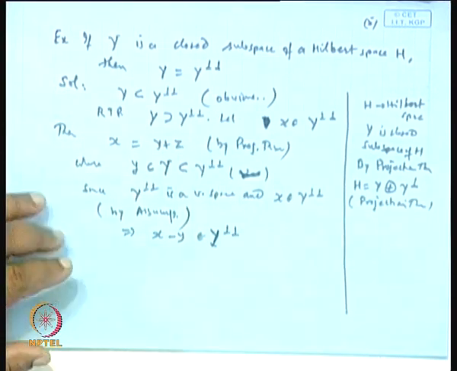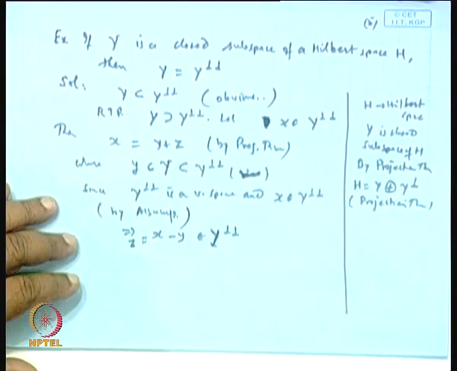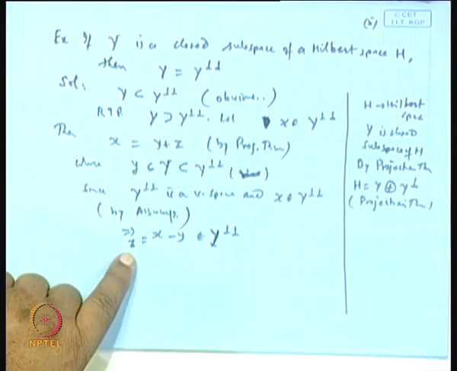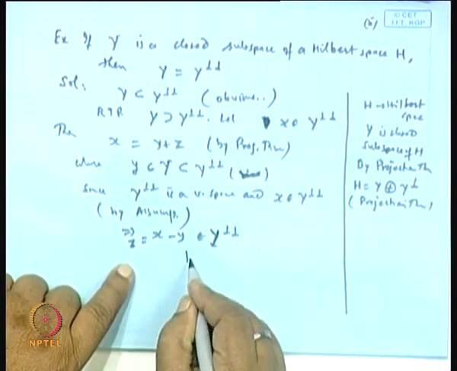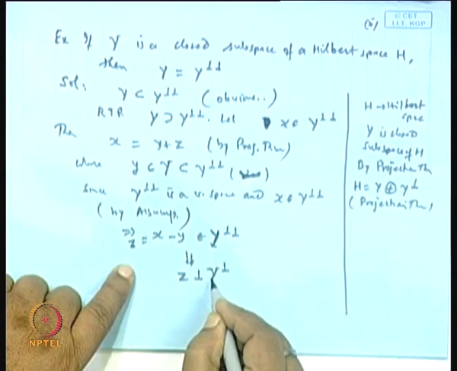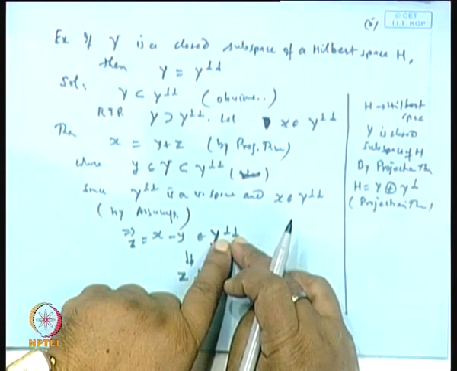Is it okay or not? But x minus y is nothing but z. So, this implies z must be orthogonal to Y perpendicular.